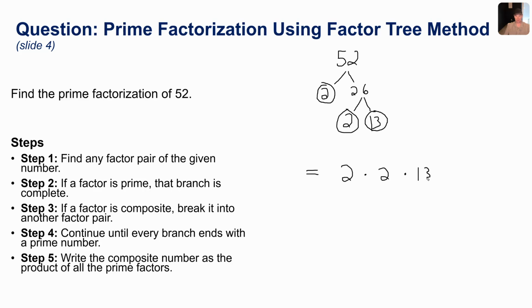Or if I shortened it down using exponential form, we would say 2 to the second power times the number 13 here. Now, usually proper orientation of prime factorization is to put the numbers in order and start from smallest to greatest here. Okay, so in either form, we are at the correct place.